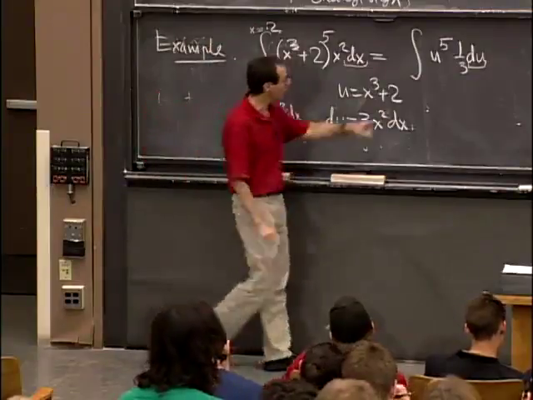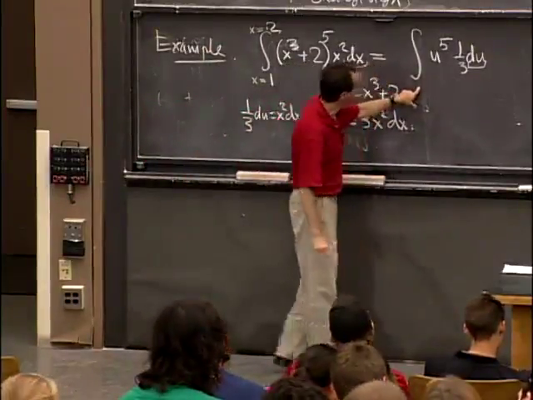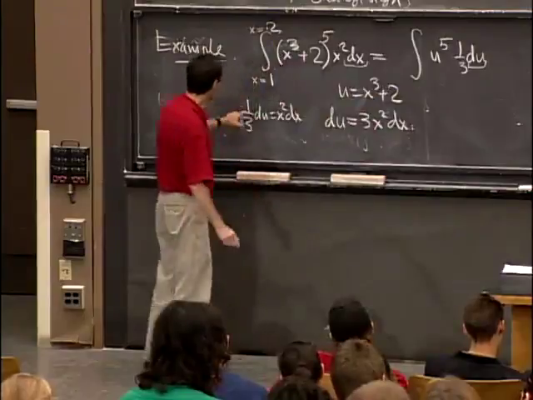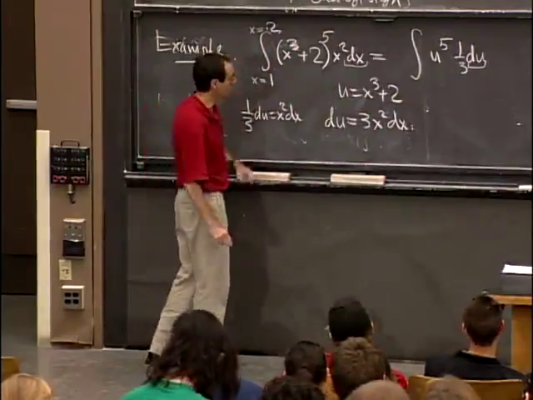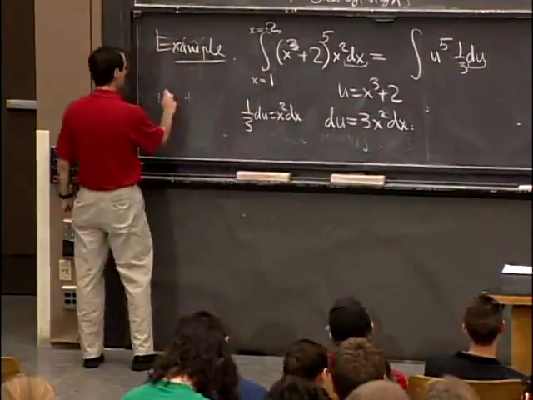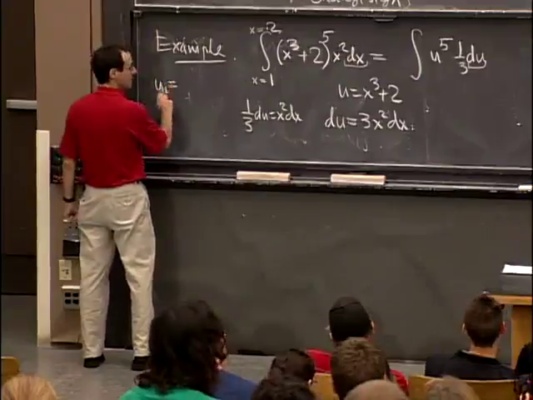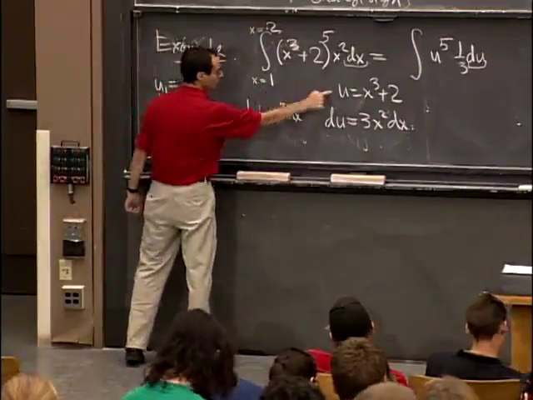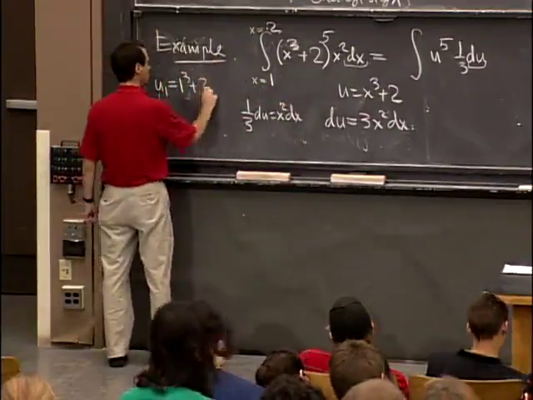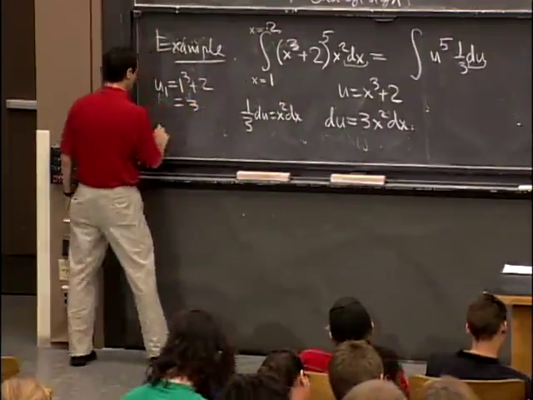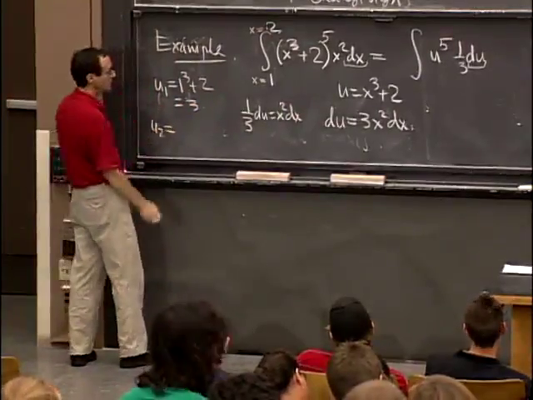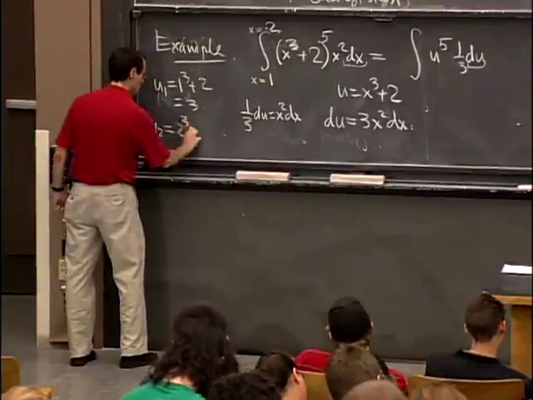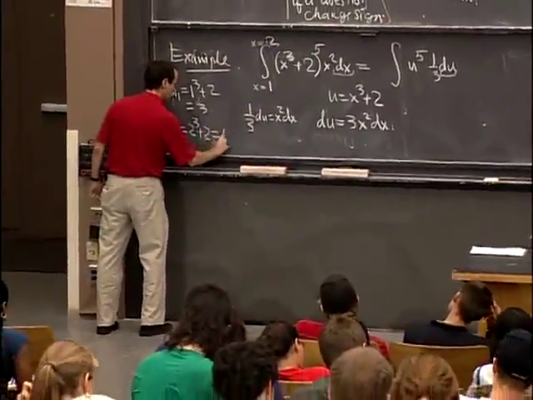So now over here, we have a limit, but of course, it's supposed to be with respect to u now. So we need to calculate what those corresponding limits are. And indeed, I plug in here, u1 is going to be equal to what I plug in for x equals 1. That's going to be 1 cubed plus 2, which is 3. And then u2 is 2 cubed plus 2, which is equal to 10.